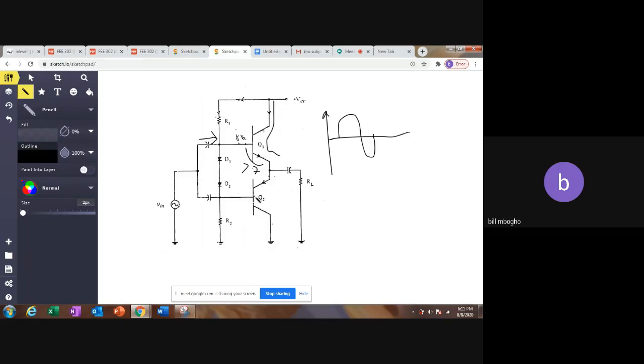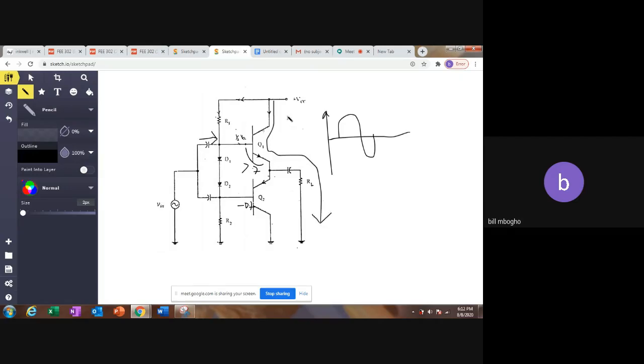And what about this one? This here is what we call an NPN transistor, and this one here is PNP. So when our input is 0.7, this one is going to be off because it requires negative 0.7 in order to conduct. So during the first half of the cycle, this one is off and this one is conducting, so our current comes like this.